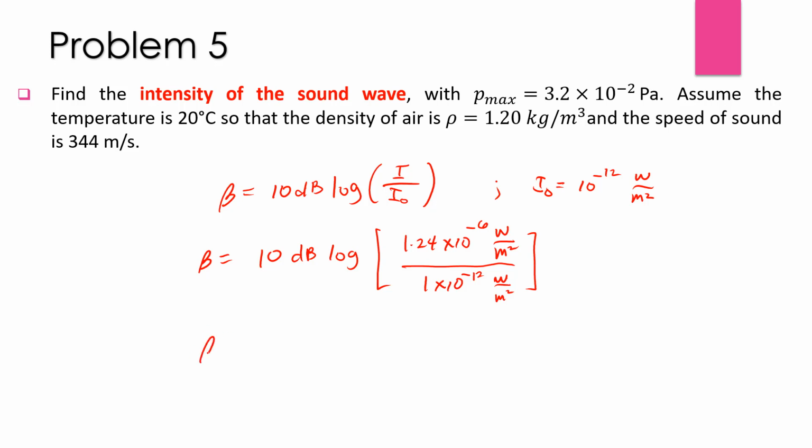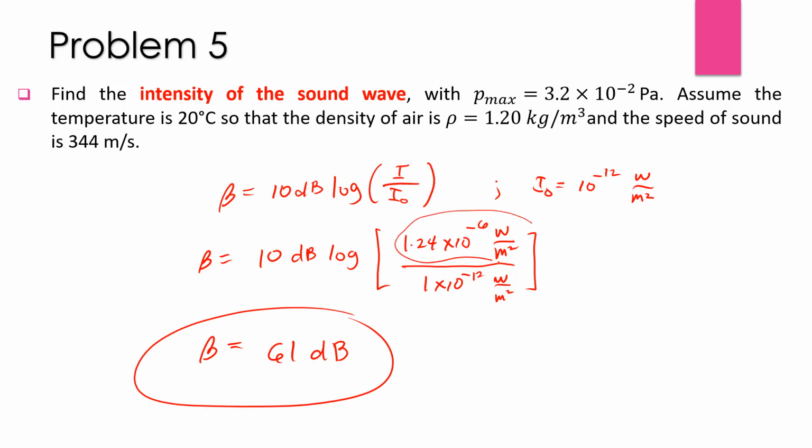Then this intensity in beta or in decibel scale is equal to 61 decibel.